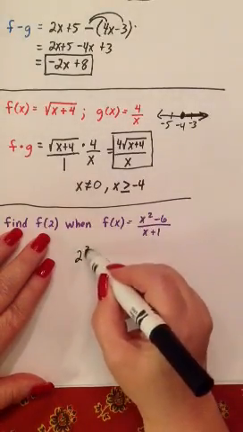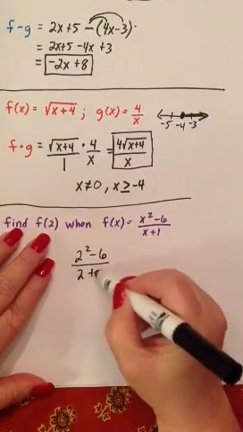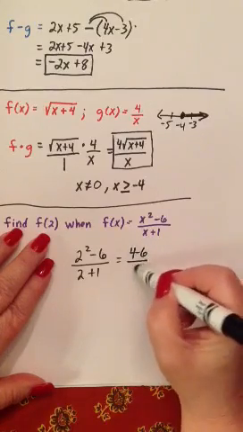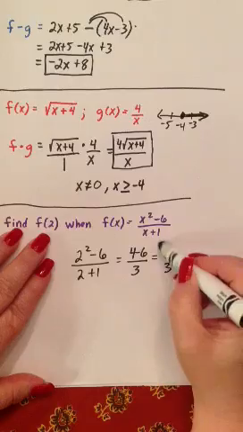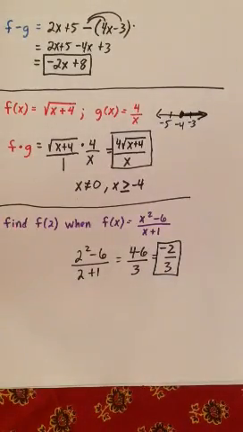So it would be 2 squared minus 6 divided by 2 plus 1. So this would be 4 minus 6 over 3, or negative 2 over 3, and I guess that would just be my answer, negative 2/3. All right.